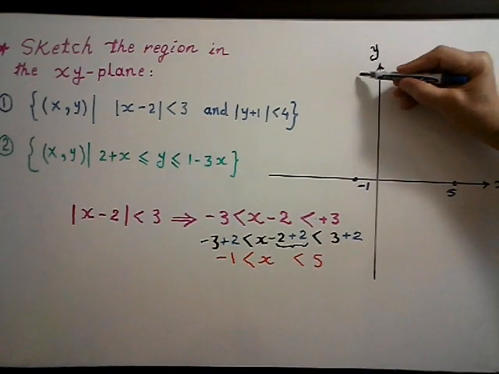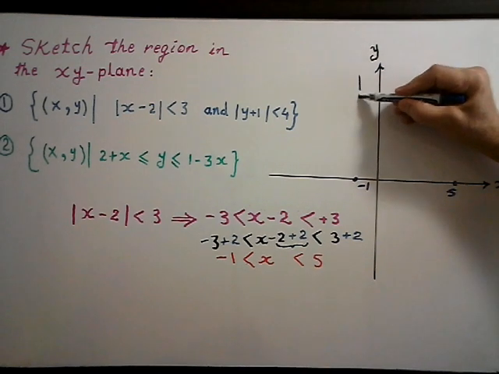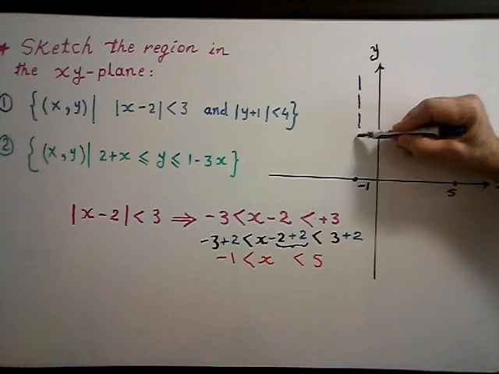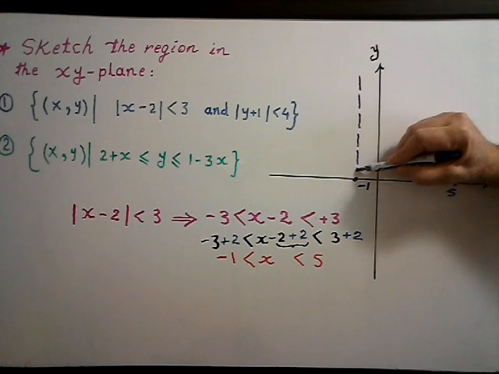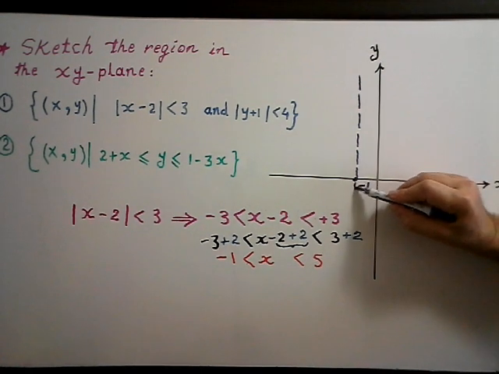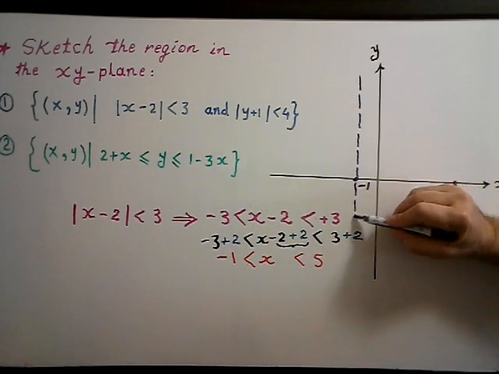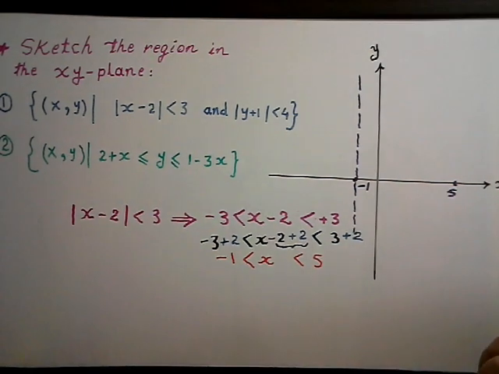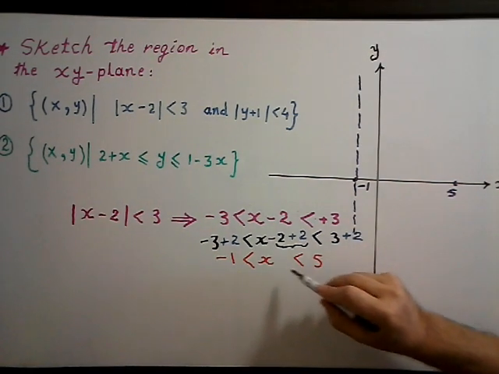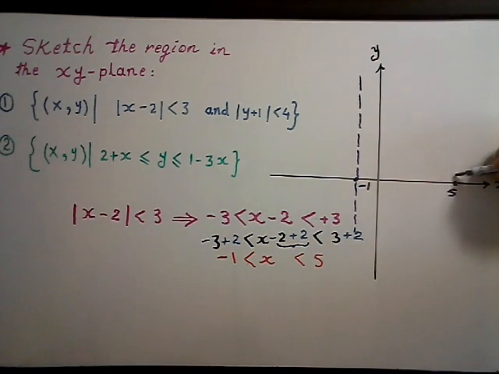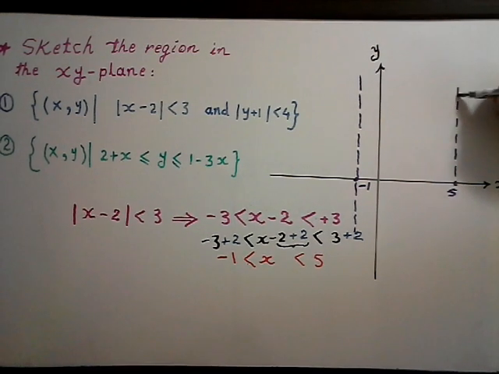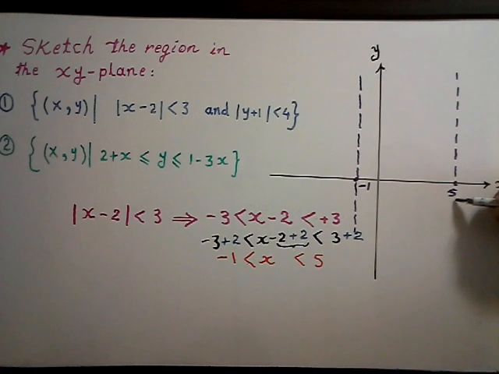So we draw the lines like this. The first one passes through -1, and the other line passes through +5. This line also is not a continuous line, it's just disconnected dashes.